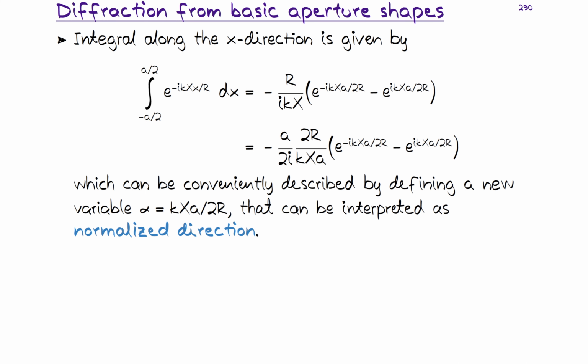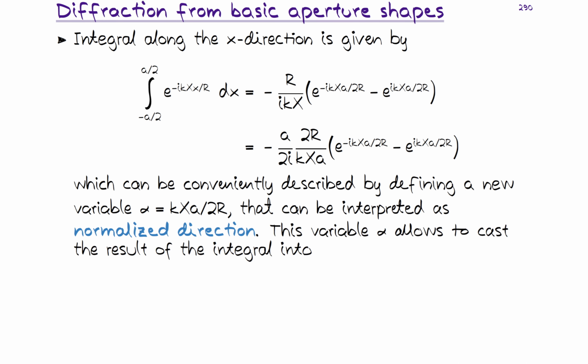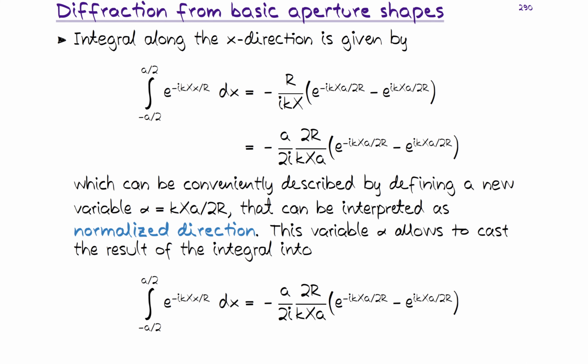And the nice thing about this variable alpha is that we can use it to simplify the resulting integral. So this is already what we have shown. And now this integral can be written very easily using the cardinal sine of this new variable alpha, which is essentially a normalized direction. So this is how things can be solved and simplified quite easily.